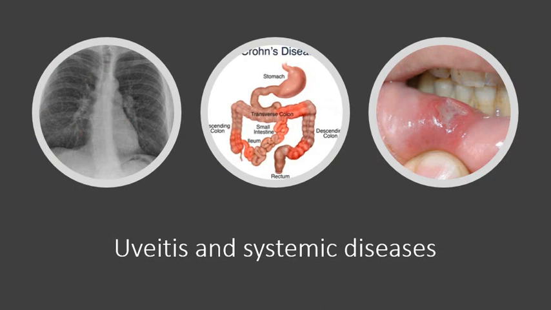Crohn's disease is another systemic disorder that is associated with uveitis. Crohn's is an idiopathic chronic disease where you get relapsing inflammation of the intestinal wall. A picture of that is shown in the center there. Sarcoidosis is an idiopathic granulomatous inflammation which affects the lymph nodes, the lungs and the liver, and uveitis is commonly associated with sarcoidosis.